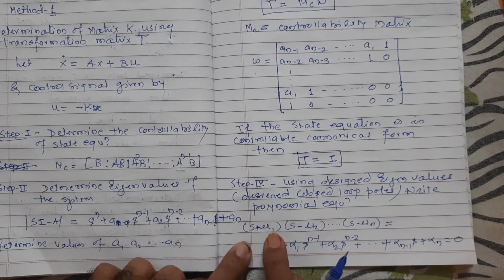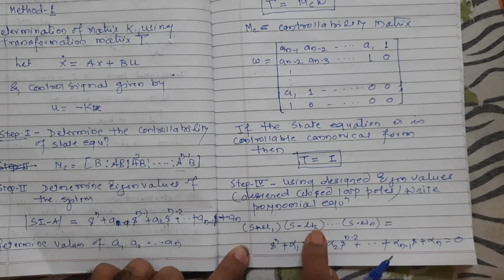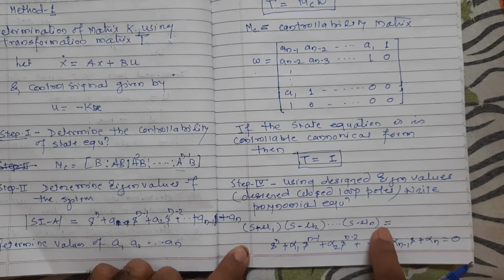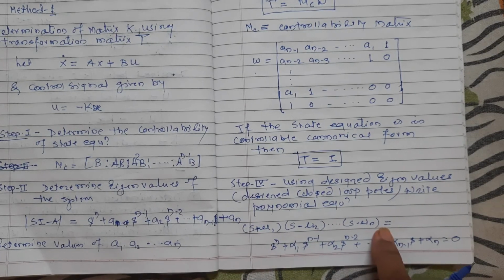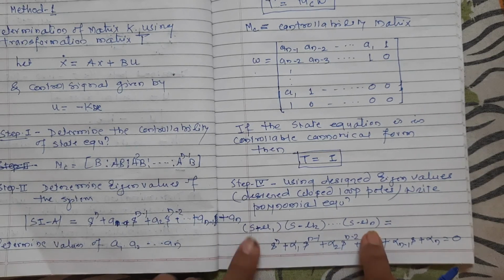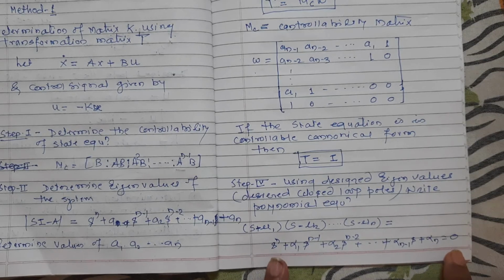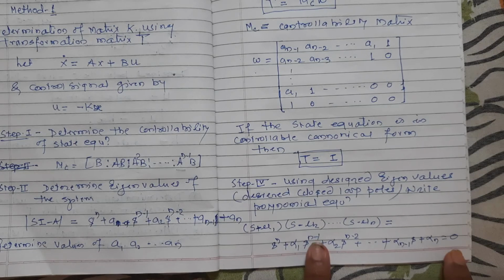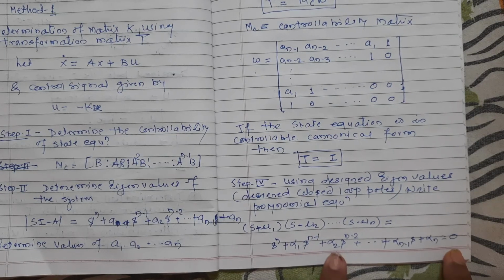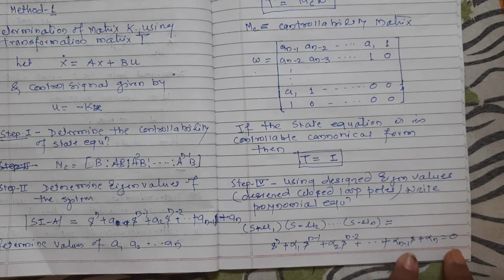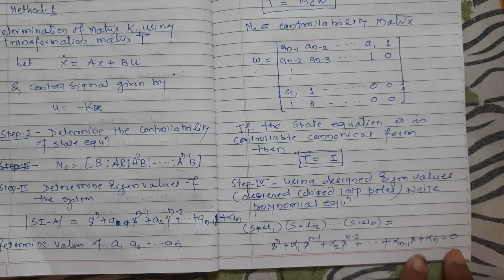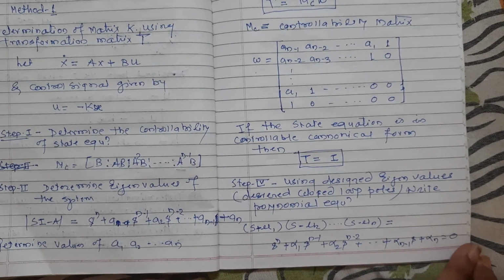(s minus mu1), (s minus mu2) up to (s minus mu n), whatever the desired poles that we have been given, we will write down here. We will multiply these together, and then we will get one polynomial equation in this form: s raised to n plus alpha 1 s raised to n minus 1 plus alpha 2 s raised to n minus 2 plus so on, plus alpha n minus 1 into s plus alpha n, equal to 0.